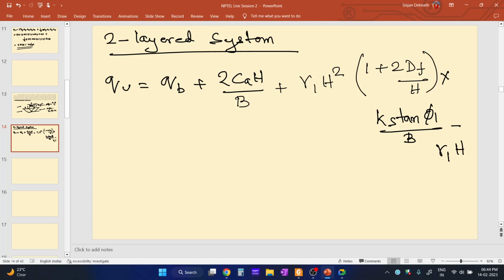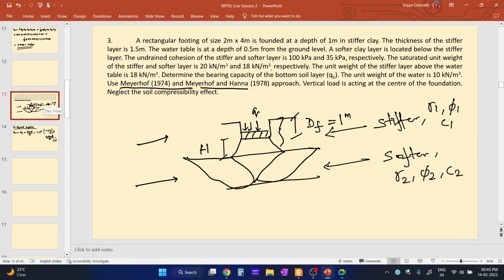So what is happening in this case? Please refer to this picture. There are two layers. The first one is a stiffer layer, and below it there is a softer layer.